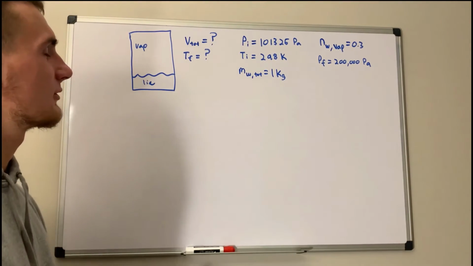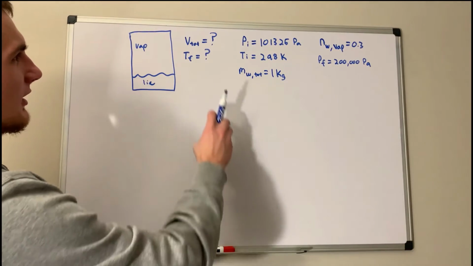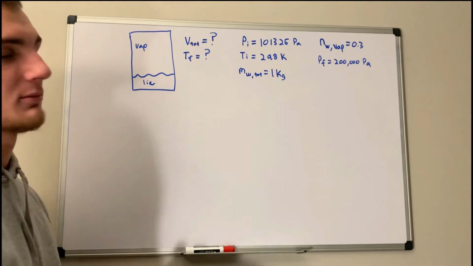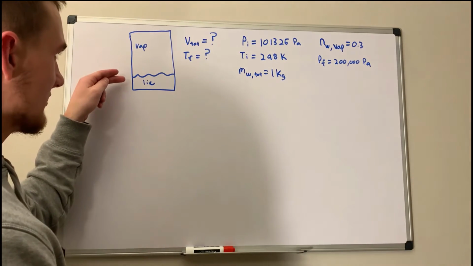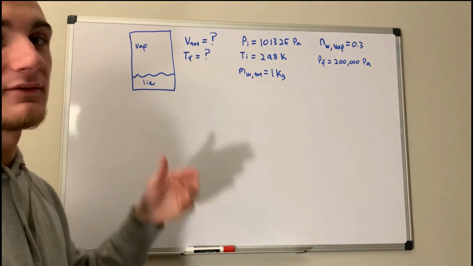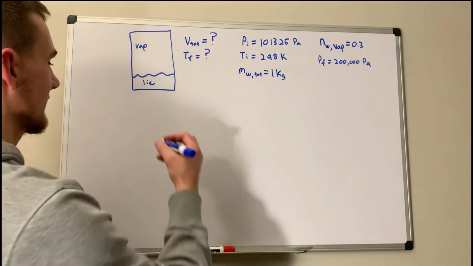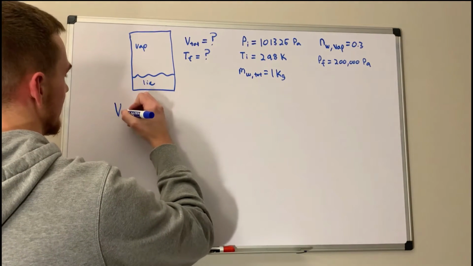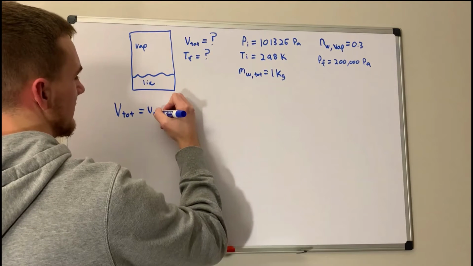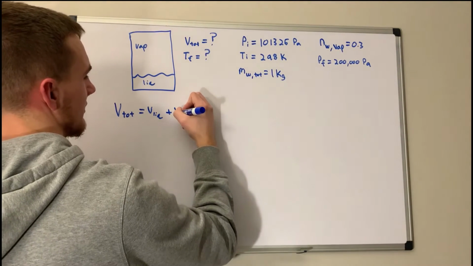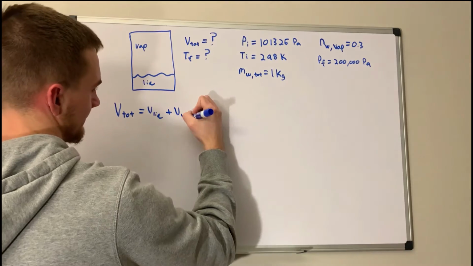So starting off, what we can do is look at the total volume of the container. We know the total volume of the container will be the volume of the liquid plus the volume of the vapor. So I have the total volume equals the volume of the liquid plus the volume of the vapor.